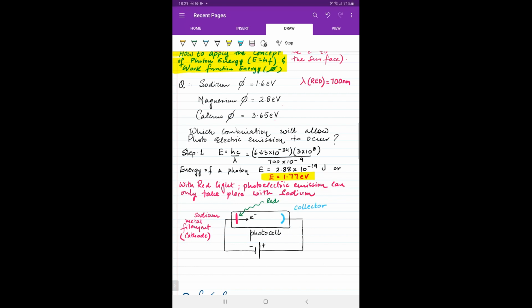So if they are produced, the positive potential of the collector will accelerate the electrons towards itself.